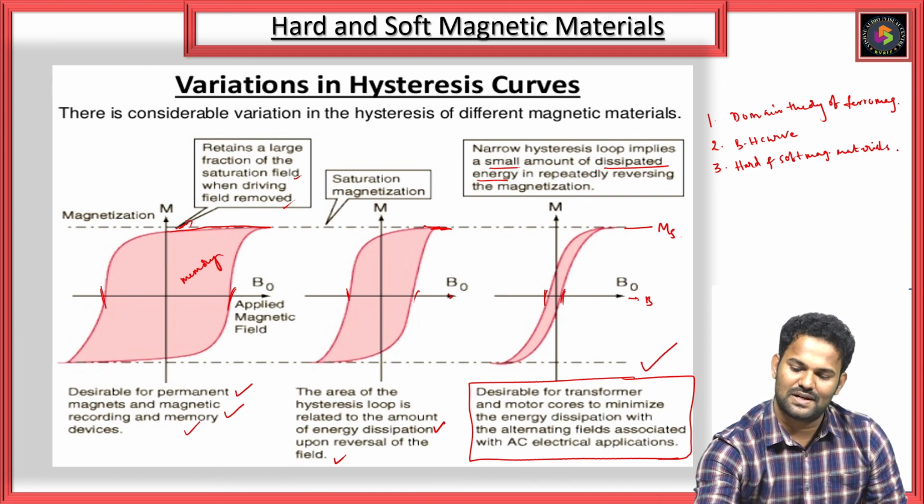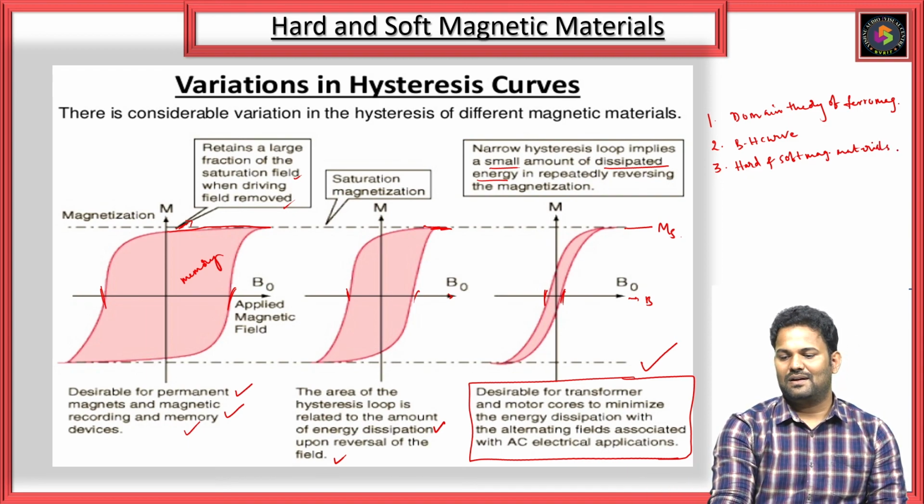I hope you understand these three concepts of domain theory of ferromagnetism, BH curve, and hard and soft magnetic materials. Tomorrow we will discuss magnetoresistance and magnetostriction of the materials.